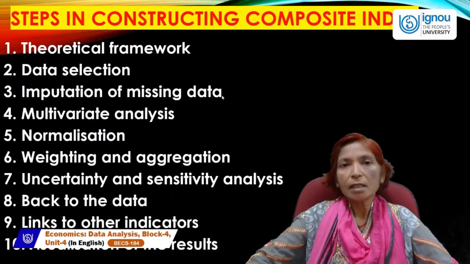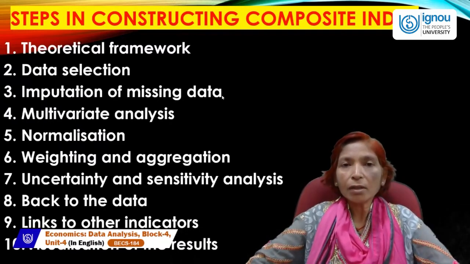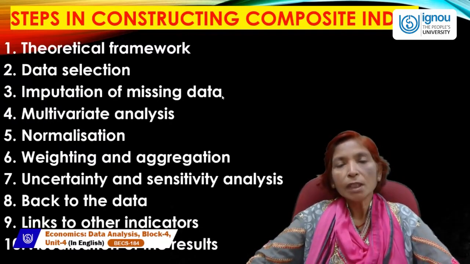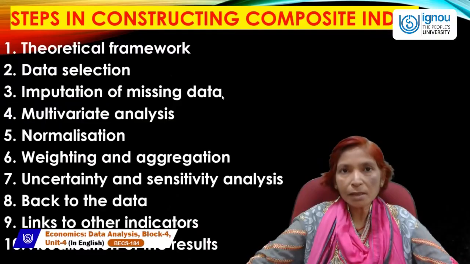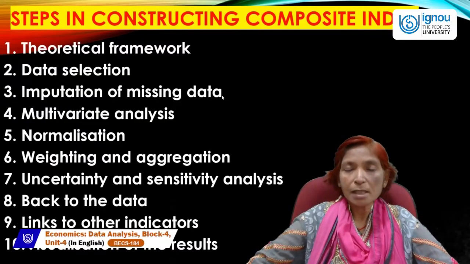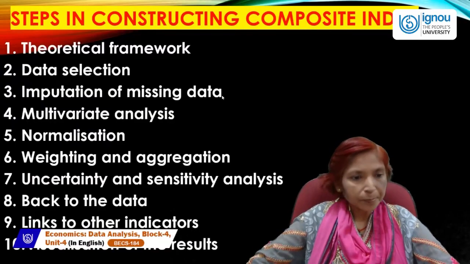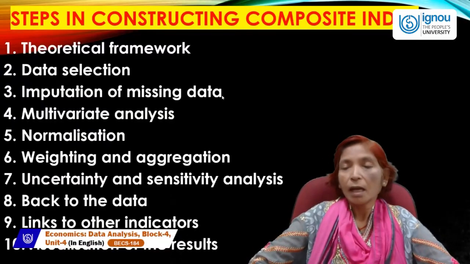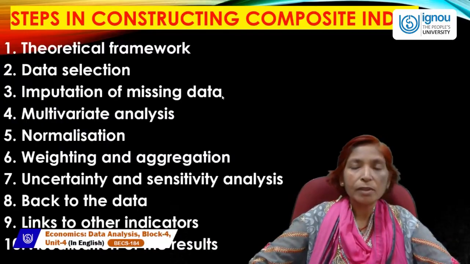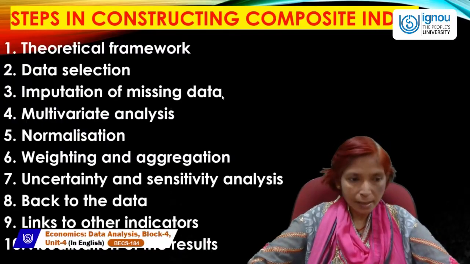Then we can estimate whether price will increase or decrease in future. If the value comes less than 100, it means price is falling, and if the value increases above 100, it means price will increase in future also. So we can predict about the future with the help of this composite index.